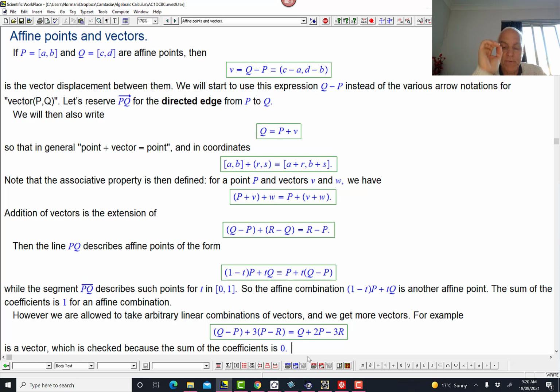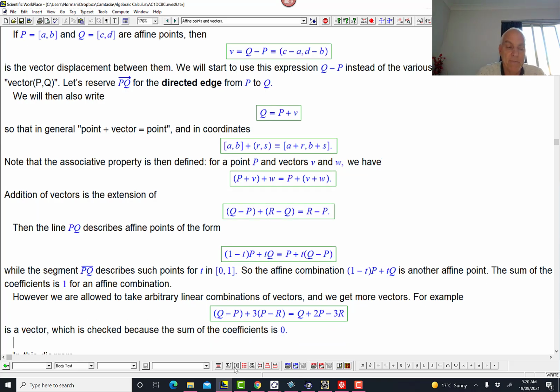and vectors. Okay, so it's so important, I'm going to say it again. It's really just an observation. It shouldn't really be called a theorem, but let's make it a little bit official.